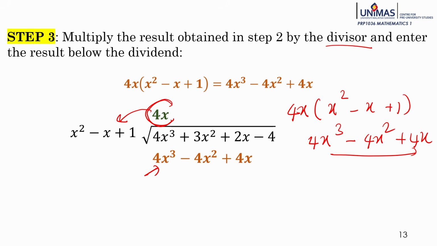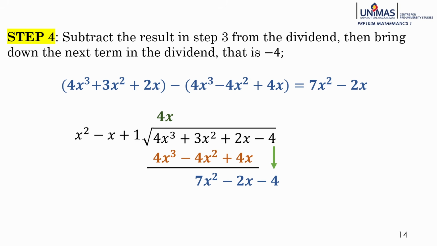Next, step 4: subtract the result in step 3 from the dividend, then bring down the next term in the dividend, that is negative 4. So after we put it here, we have to subtract. 4x cubed minus 4x cubed is 0. 3x squared minus negative 4x squared gives 7x squared.